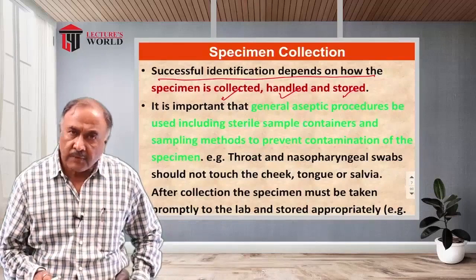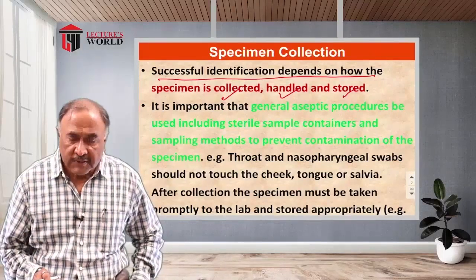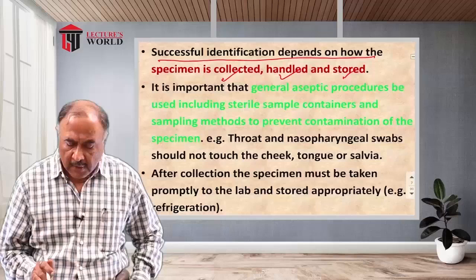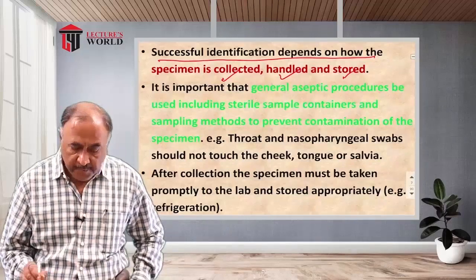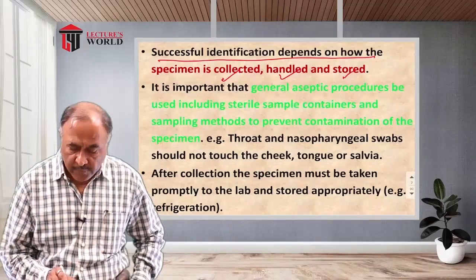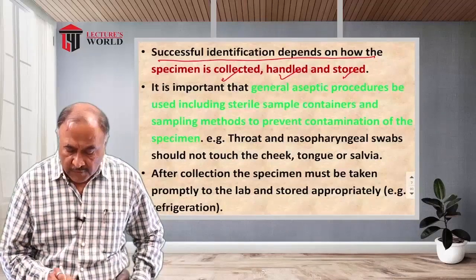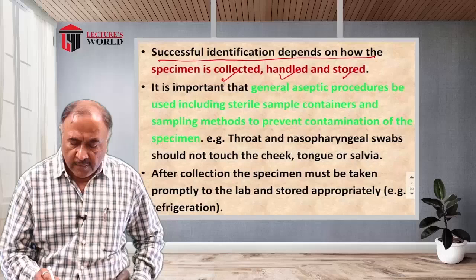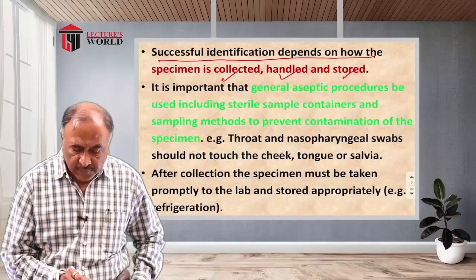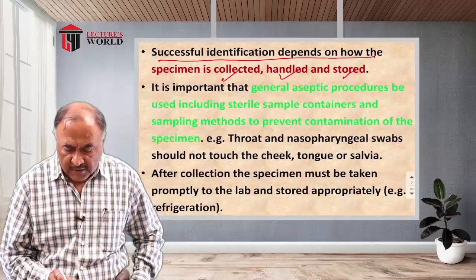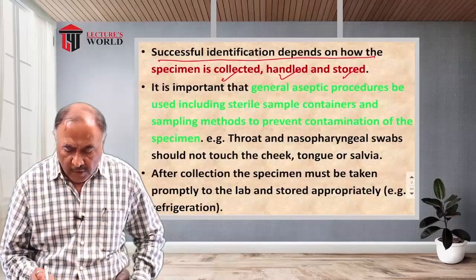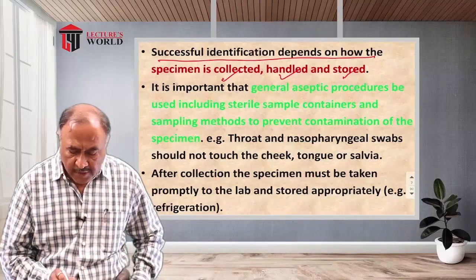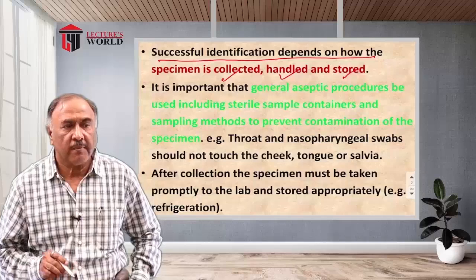And it goes without saying that general aseptic procedures should be used, sterile containers should be used, and aseptic sampling methods should be used. Now, what is the aim of this? To prevent contamination.